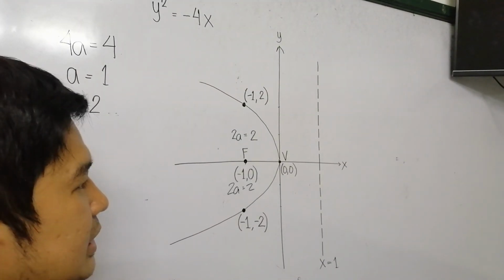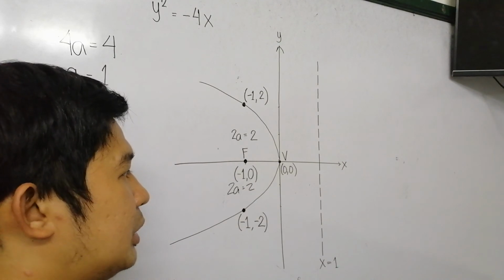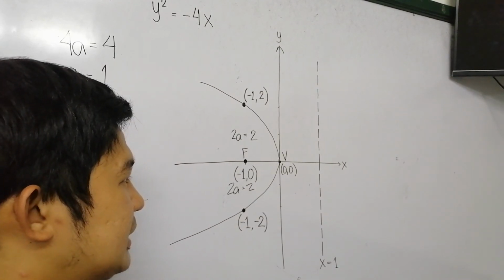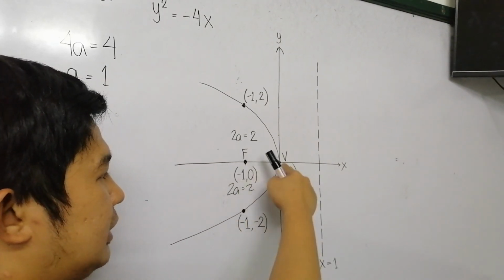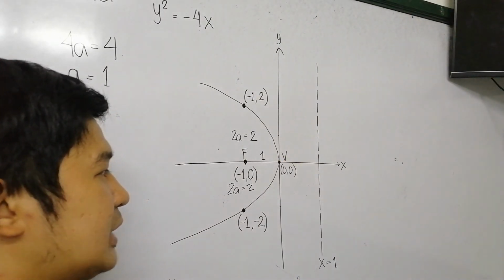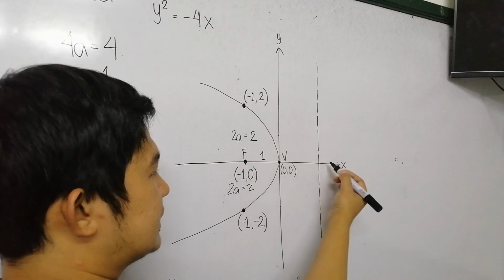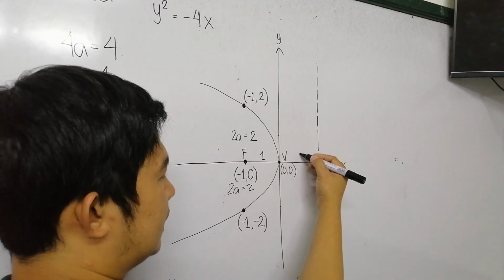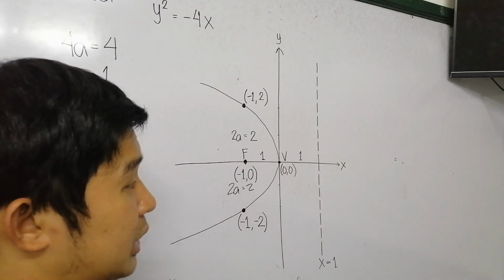And then lastly, for the equation of our directrix, the distance between focus and vertex is 1. So it will also be the same as the distance between vertex and the directrix, which is 1 unit.